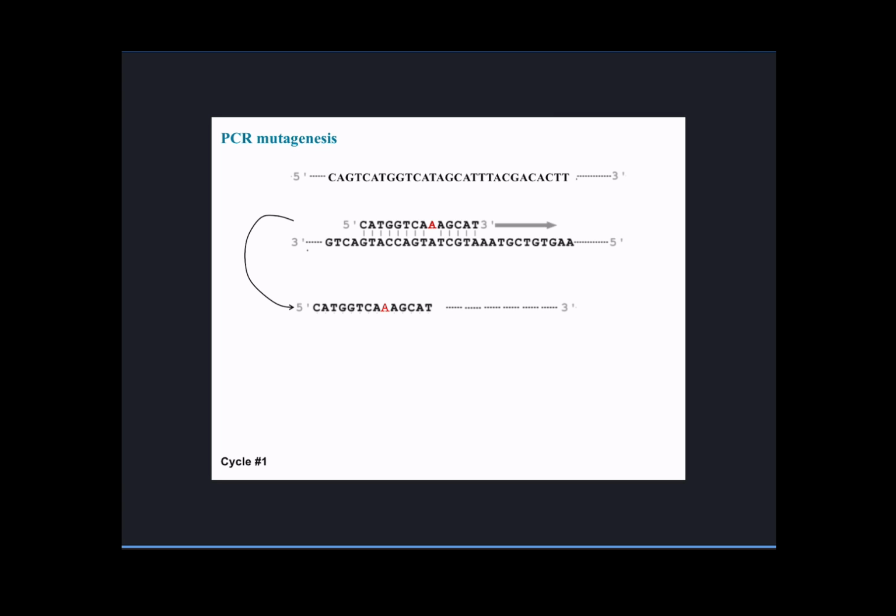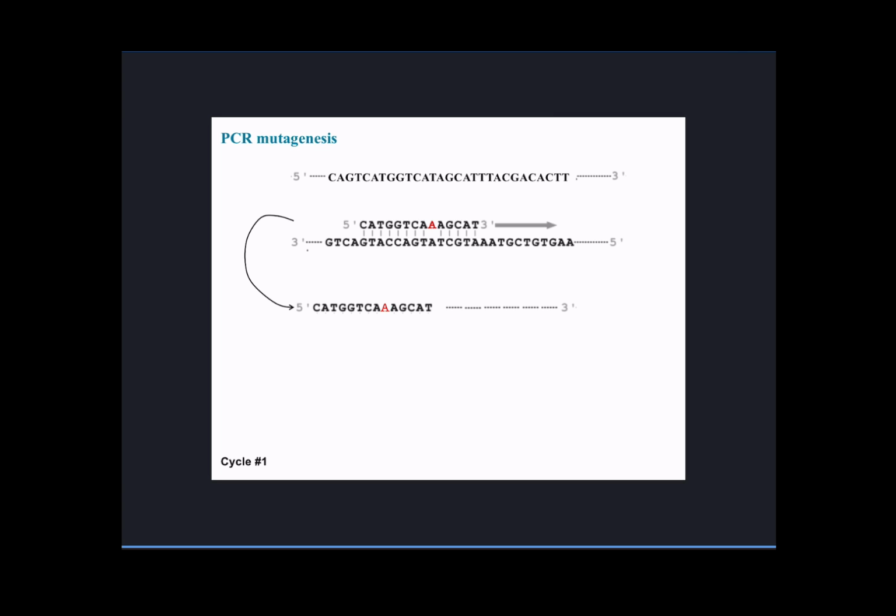When we melt, during those few seconds at 95 degrees, the original template DNA of our sample, and we let the primers anneal at, say, somewhere around 60 degrees for a few seconds, the primer will anneal almost entirely except for that mismatch of A to A.